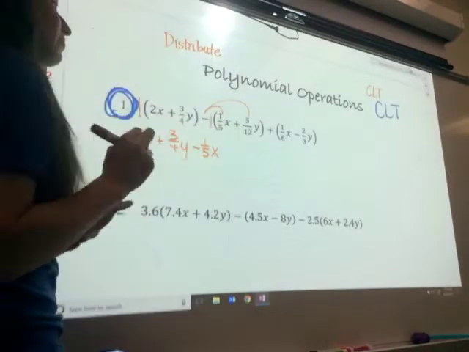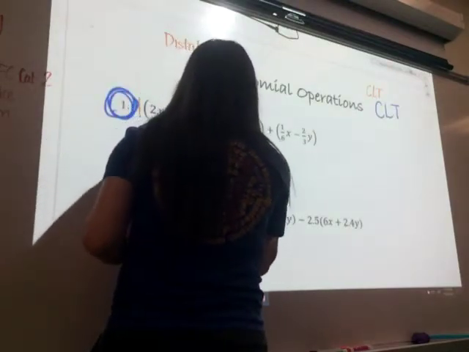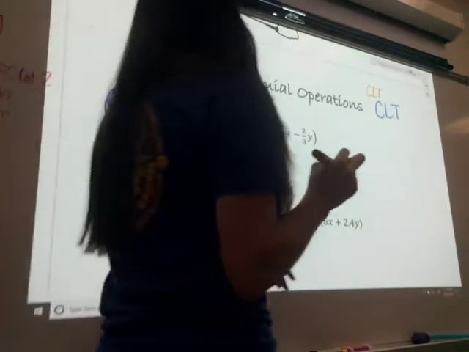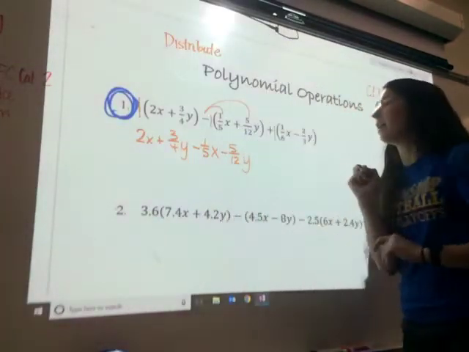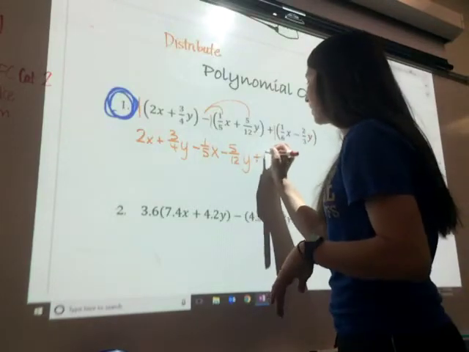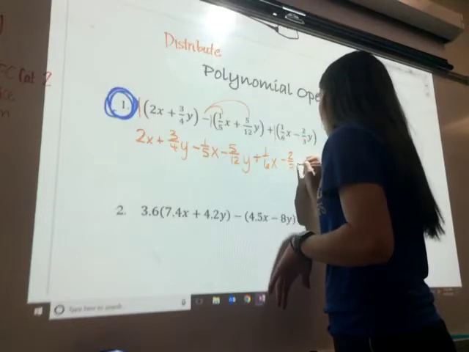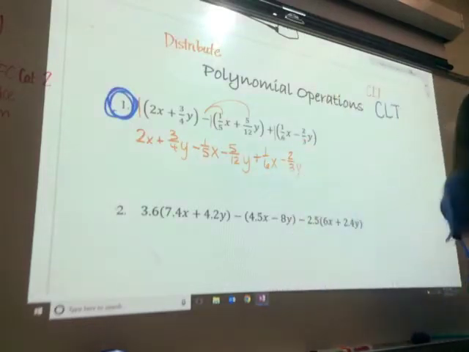If this was a +5/12, it now becomes a -5/12 y. The last parentheses is positive what? Does it change anybody? No, so rewrite it. You've got +1/6 x, -2/3 y.